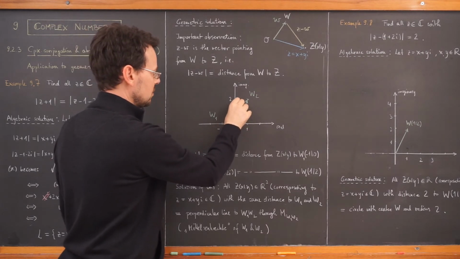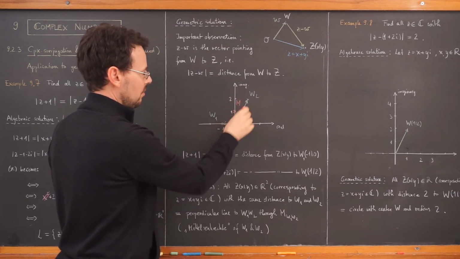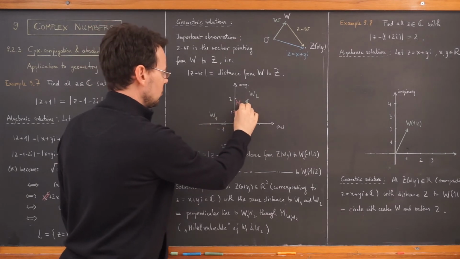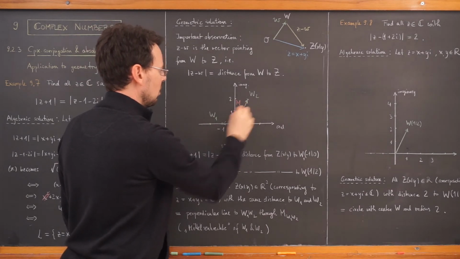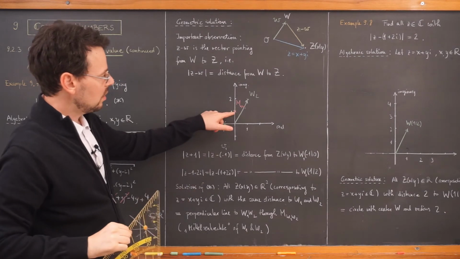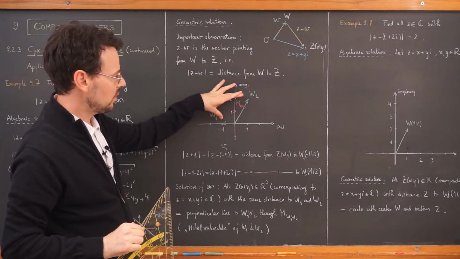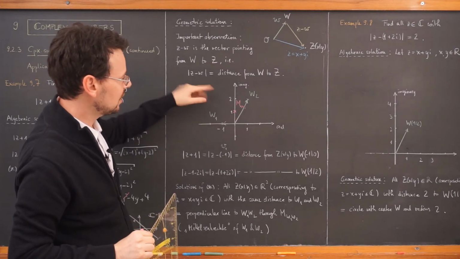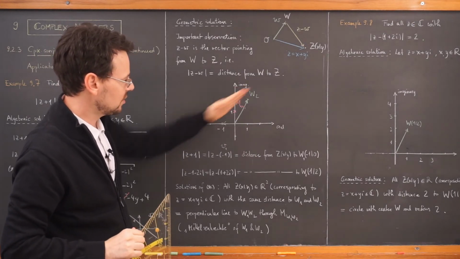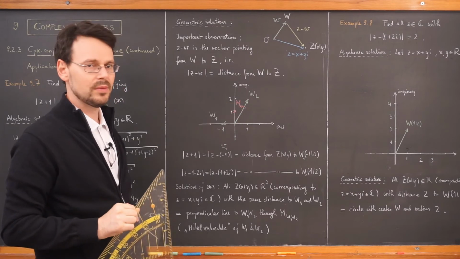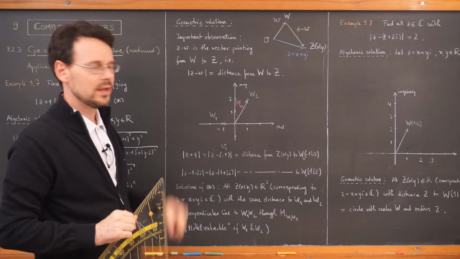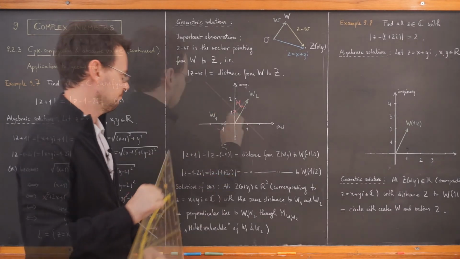So this here is just the middle, M, of W1, W2. But there are a lot more points that satisfy that they have the same distance to these points. They all lie on a perpendicular line to the connection of W1 and W2 passing through this middle point.